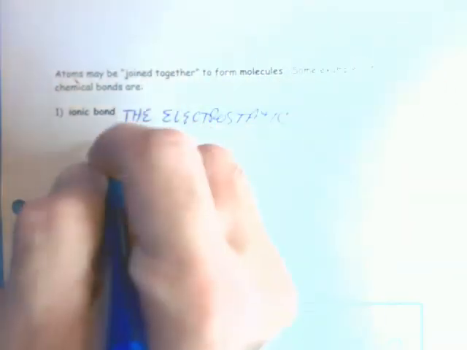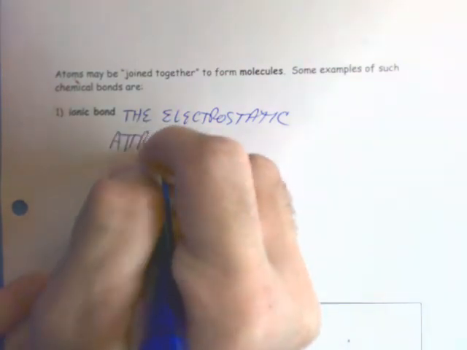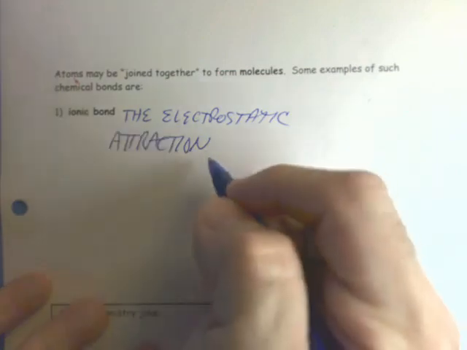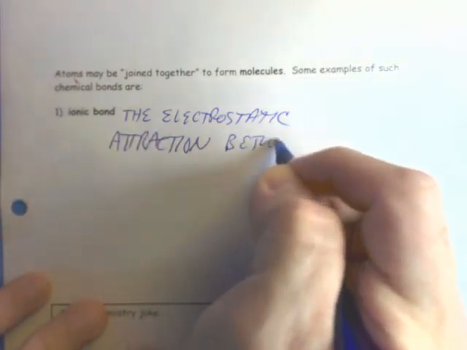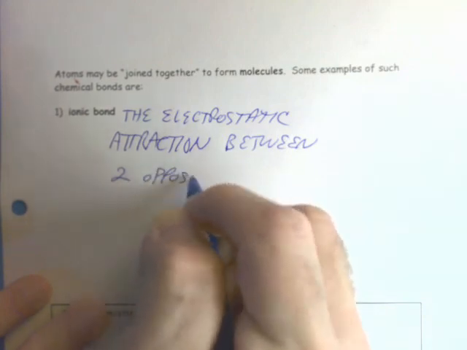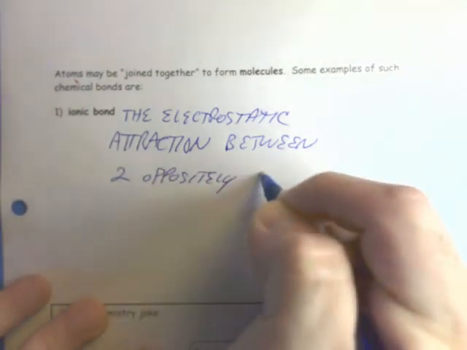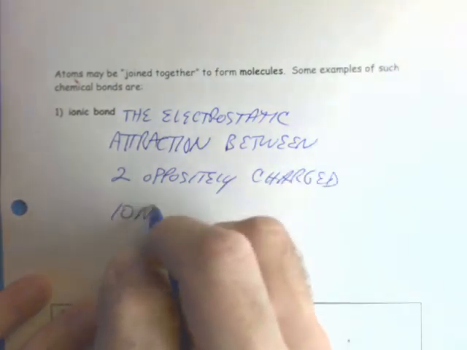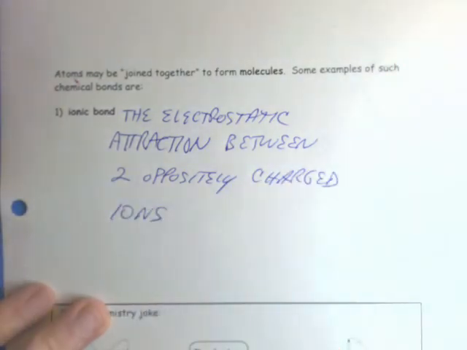We'll call it the electrostatic attraction between two oppositely charged ions. Or between a cation and an anion, if you prefer to say it that way.